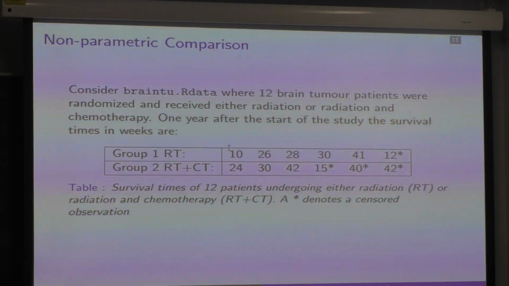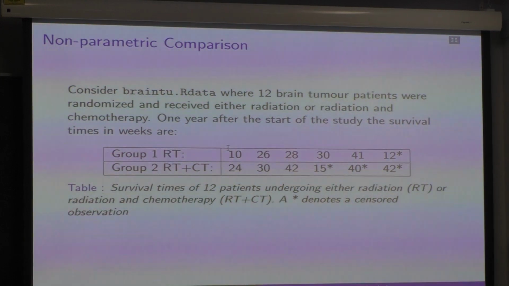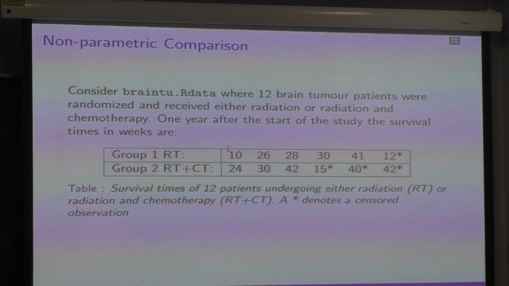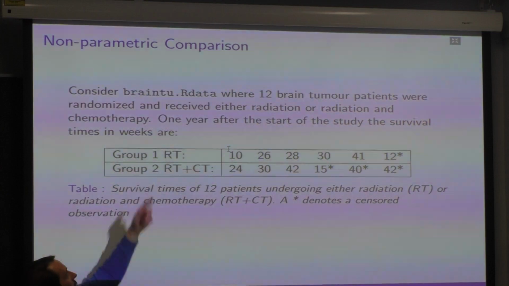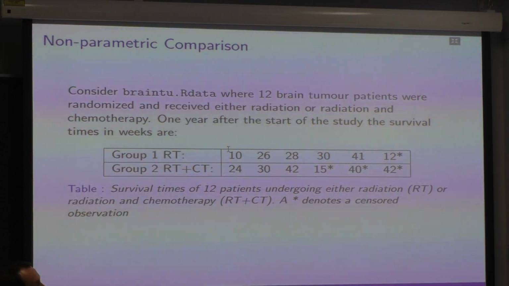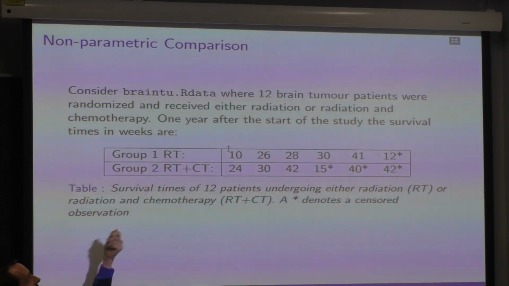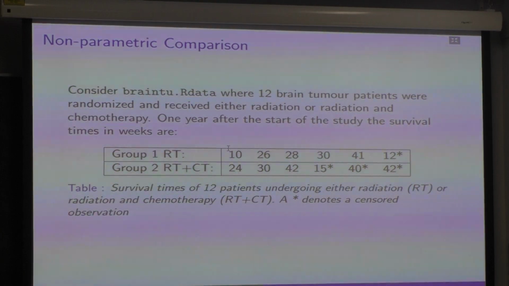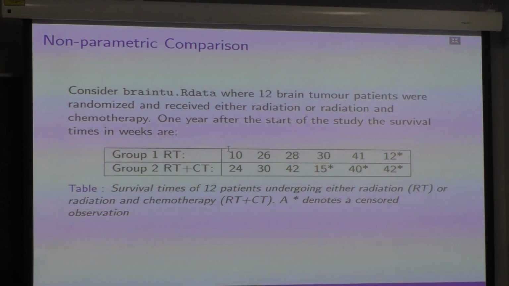My question is, is it better to give somebody radiation therapy and chemotherapy rather than just radiation therapy? So basically, are the survival times in group 2 statistically significantly different from group 1? Here a star means they're a censored observation. So the first thing we're going to do is plot some Kaplan-Meier estimates.